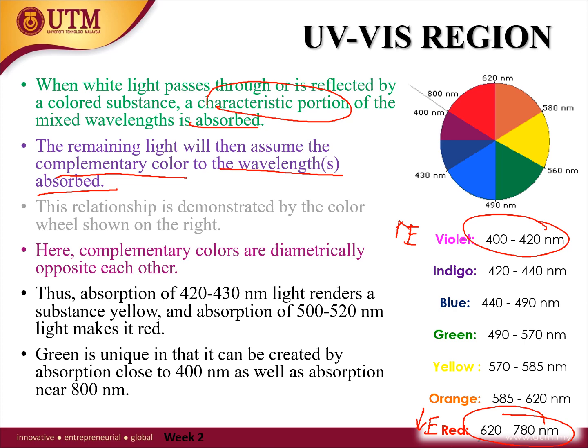If you see that the solution is yellow, it means it is transmitting yellow while the absorbed colors are violet and dark bluish over here. The same thing applies for other colors.